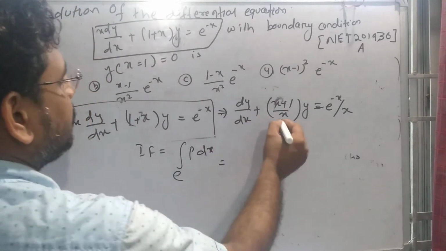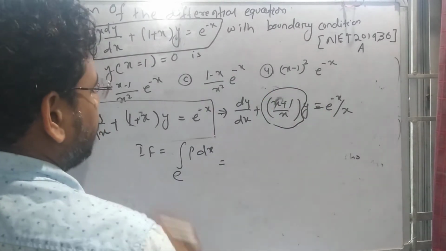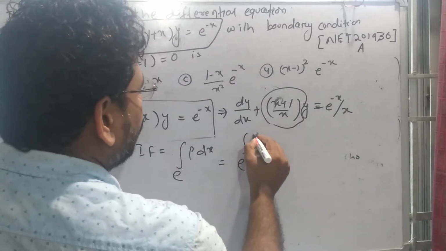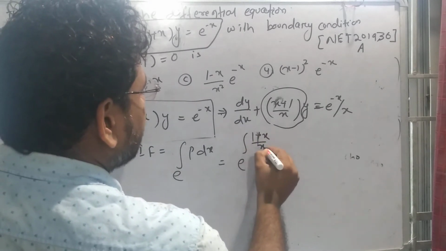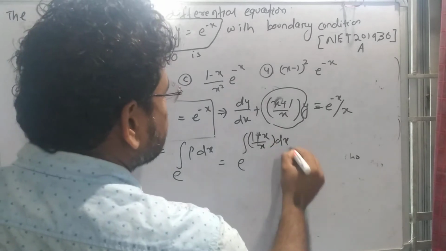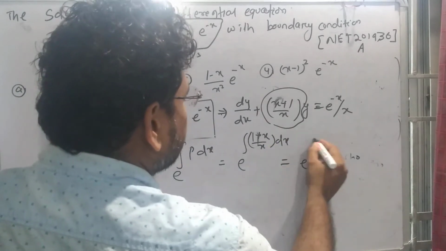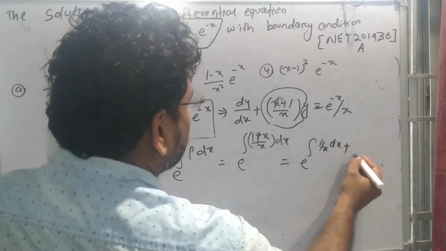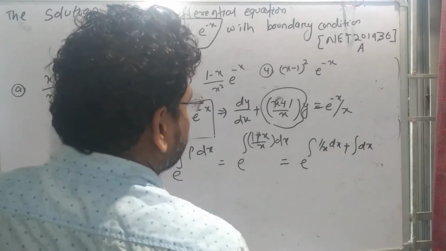What is p? This is p. So that means integration of (1 plus x) by x dx, which is integration of 1 over x plus integration of dx.